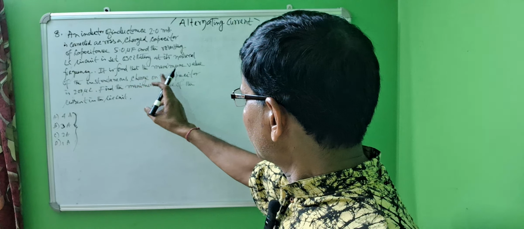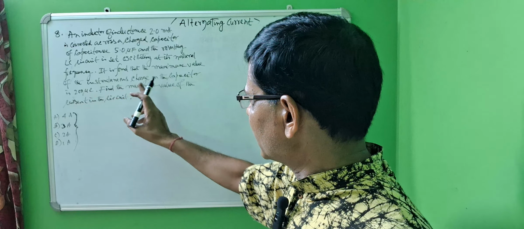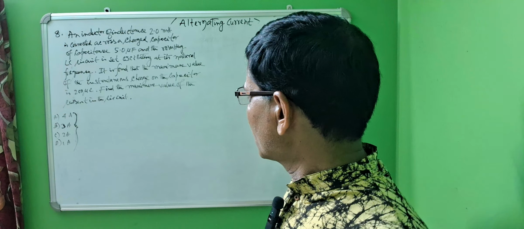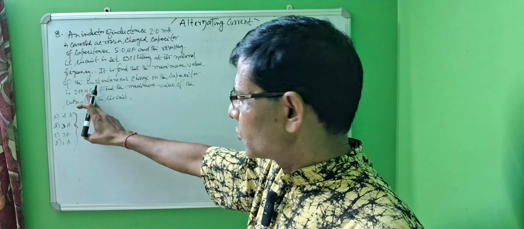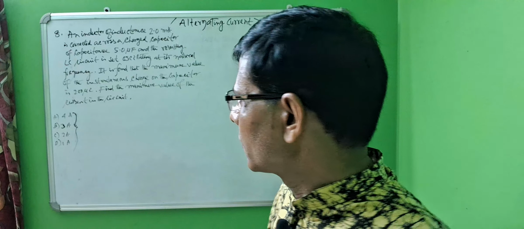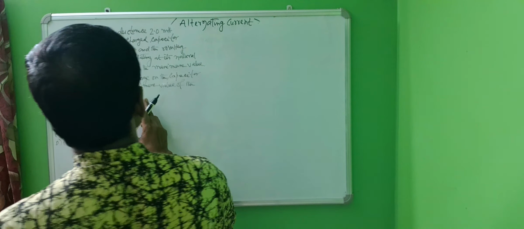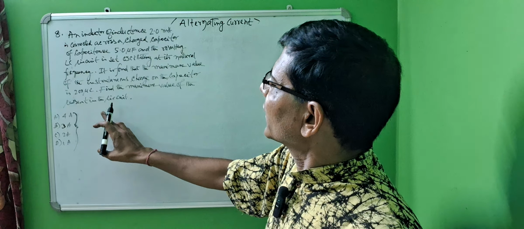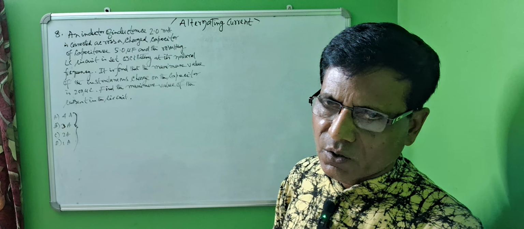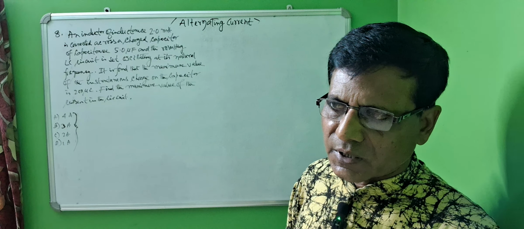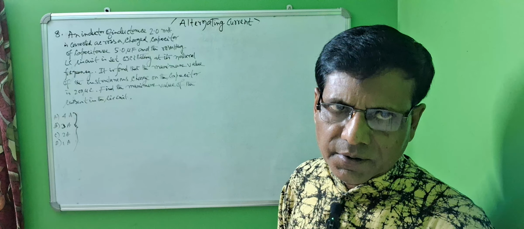It is found that the maximum value of the instantaneous charge on the capacitor is 200 microcoulomb. Find the maximum value of the current in the circuit.